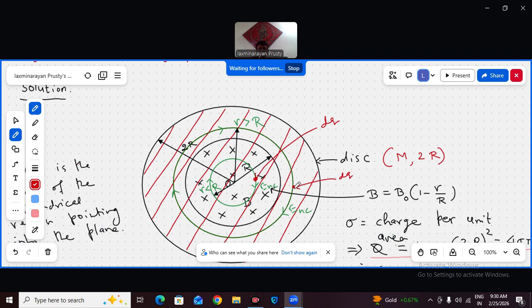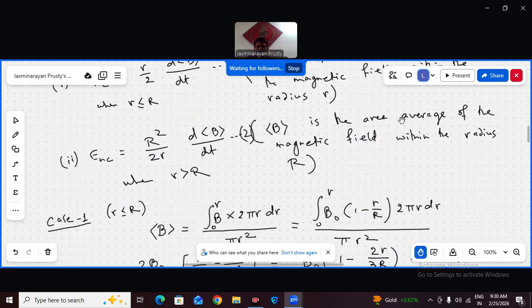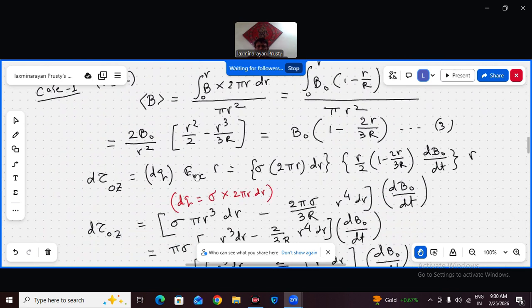This is my ENC. dq into the E element, in both the regions I am showing you. So let me write this torque: dq element, ENC, that is the tangential force, into small r is the torque.